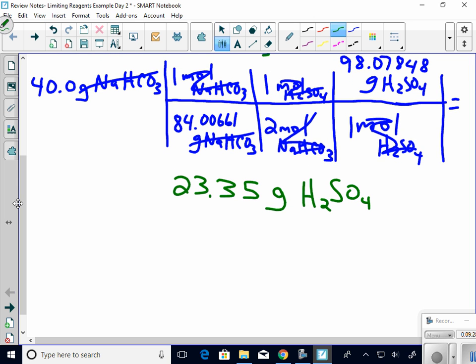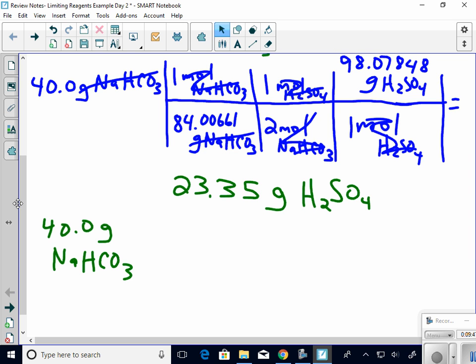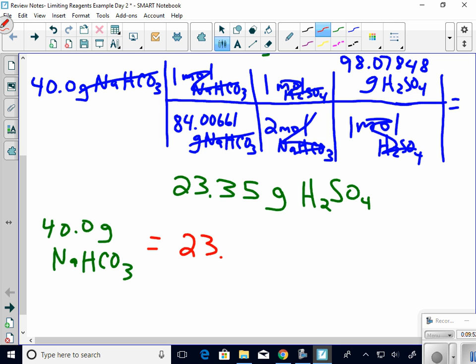If I have 40 grams of NaHCO3 to react, with that 40 grams equally, I need 23.35 grams of H2SO4. So to get 100% of those 40 grams to react, I need 23.35 grams.